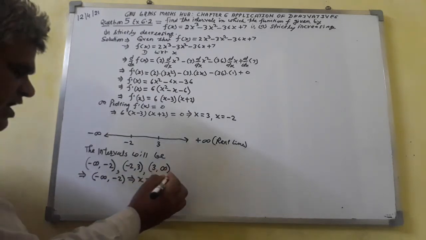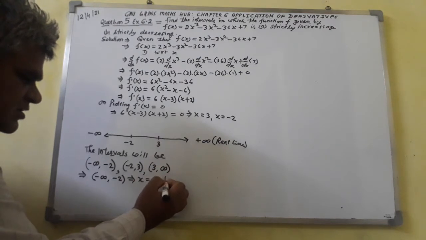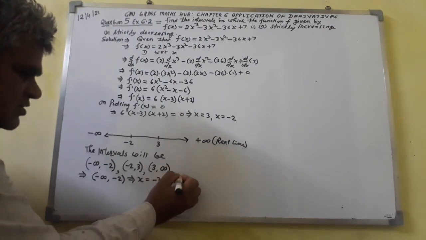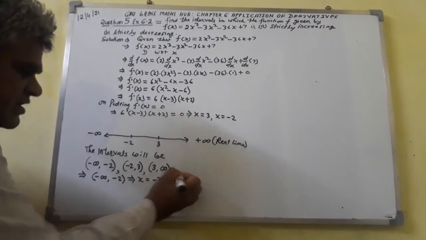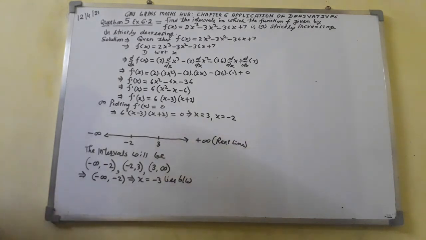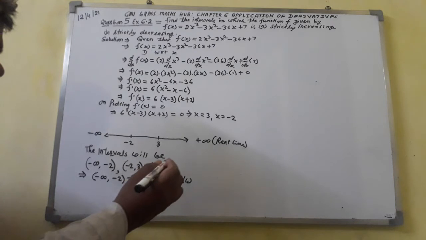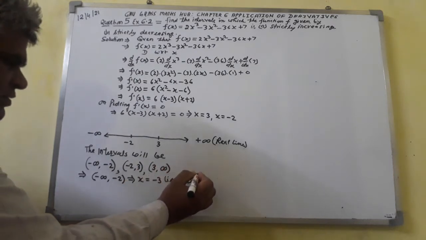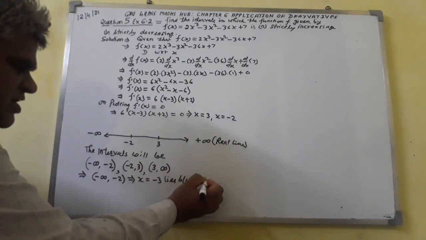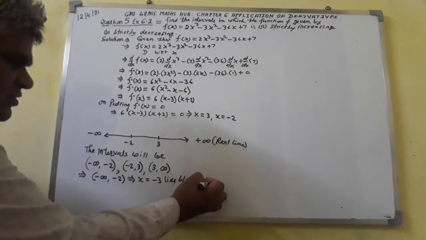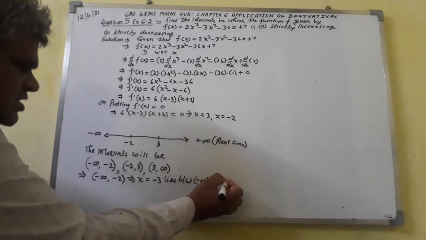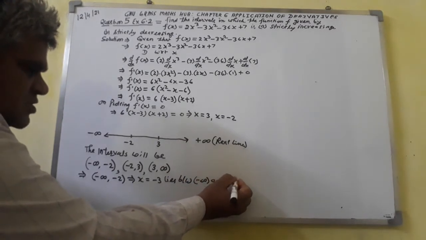So here I shall write x equal to minus 3 lies between minus infinite and minus 2.